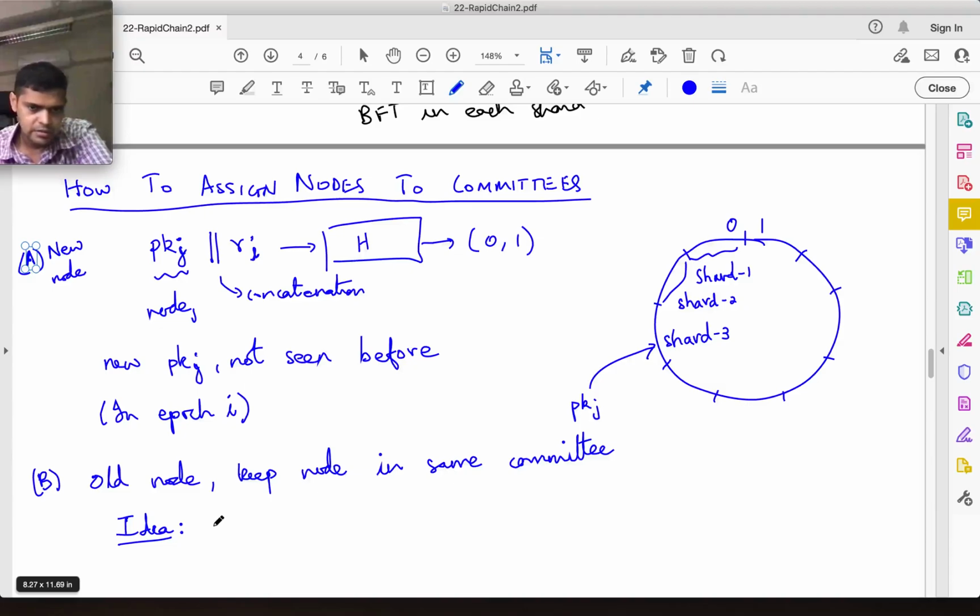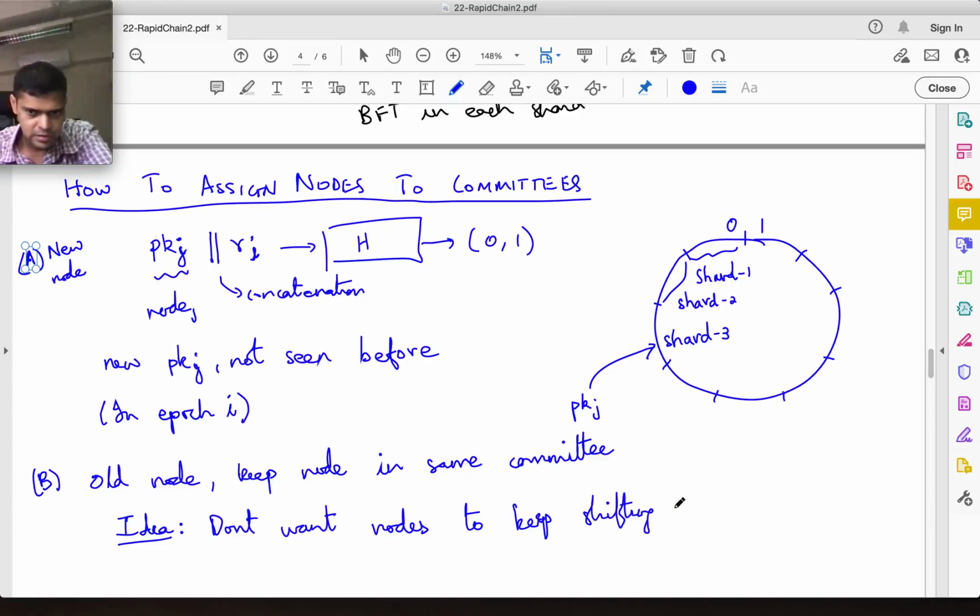So we don't want nodes to keep shifting shards, and besides just storing new data, they also have to retrieve data from the new shard.